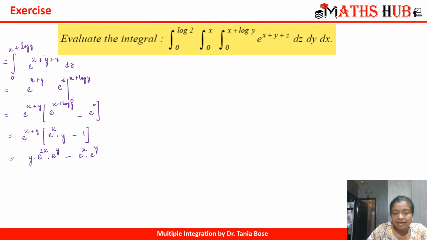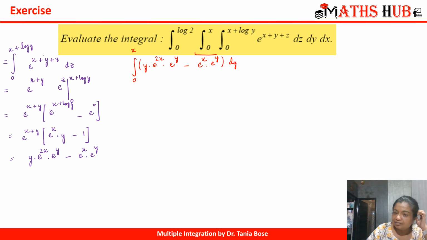Now let us take the next integral. The next integral is with respect to y. So for that we have 0 to x and the integral is y e to the power 2x e to the power y minus e to the power x into e to the power y, and the integration is with respect to y.